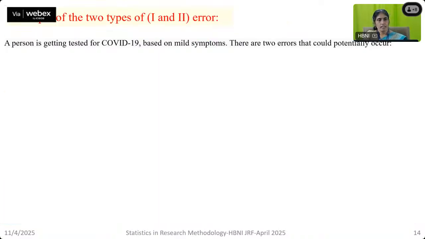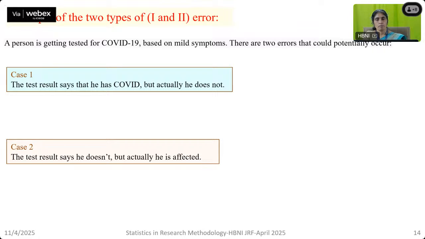This is an example for you to appreciate type 1 and type 2 error very easily. For example, a person with mild symptoms is getting tested for COVID-19, but is not sure whether he has been affected or not. Two cases may occur.